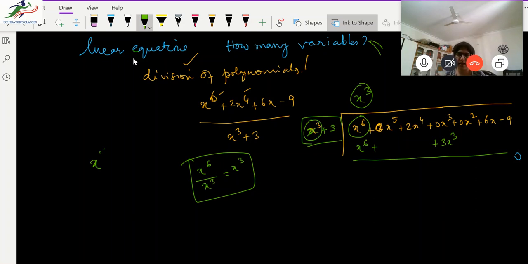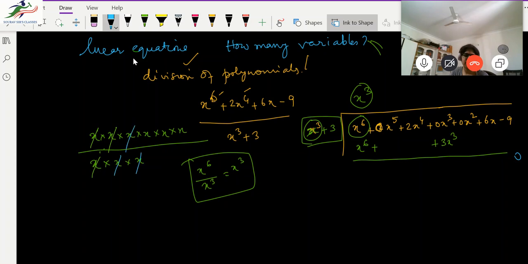What is x to the power 6? X into x into x into x into x into x, right? And I'm dividing this by x into x into x. So what happens? 1, 2, 3. How many are left? 3.